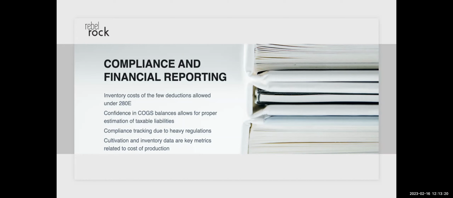So the only thing I can deduct as a cannabis operator is my direct cost of sales. So that's like your fertigation supplies, the actual cost, the labor that was required to grow the plant, the labor that was required to trim the plant. But if I'm at the dispensary level, the bud tender who's selling that plant, that's considered a sales activity. I don't get to deduct that expense.